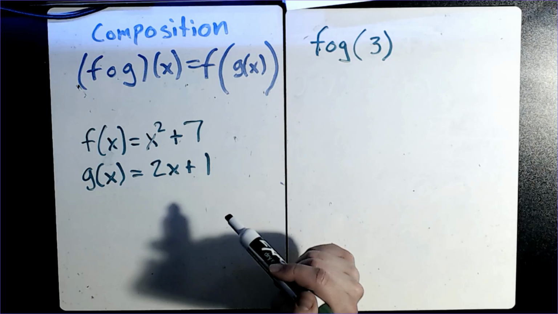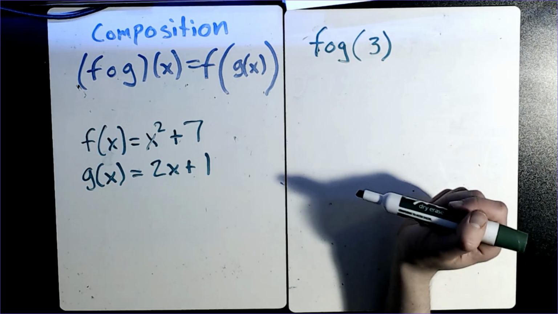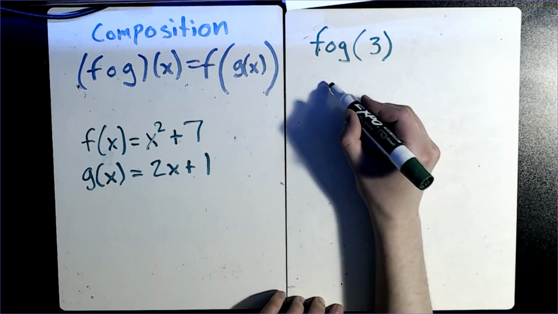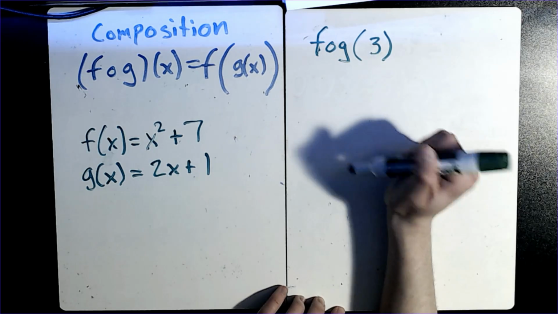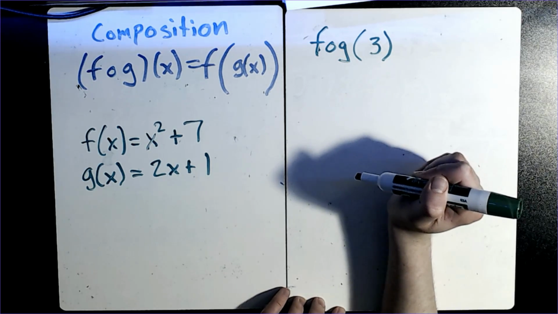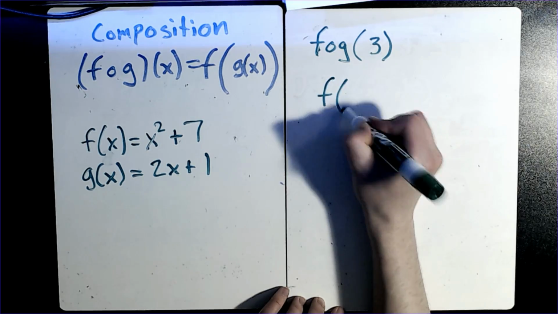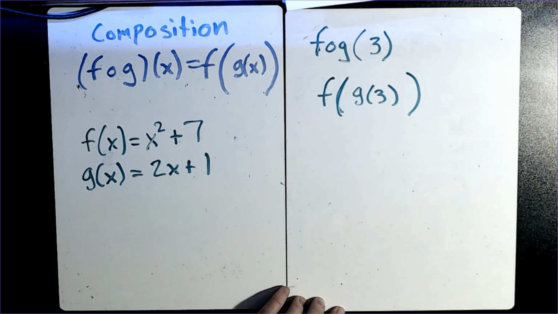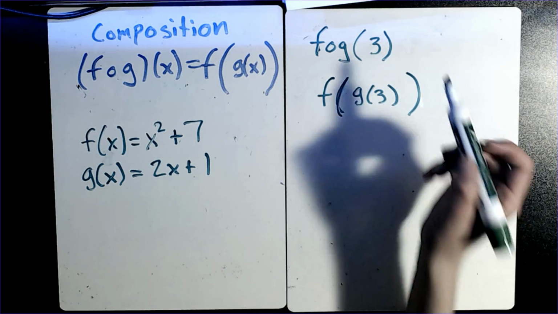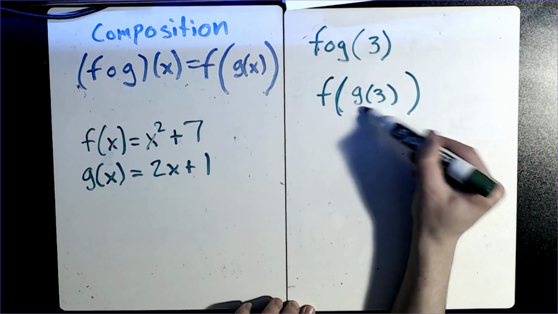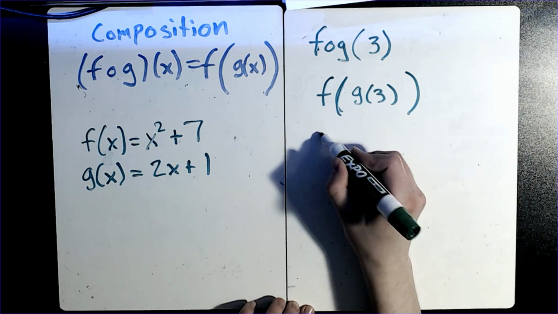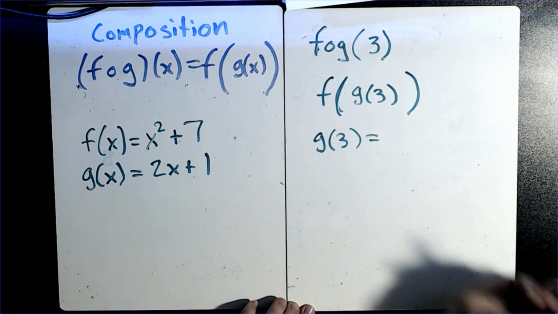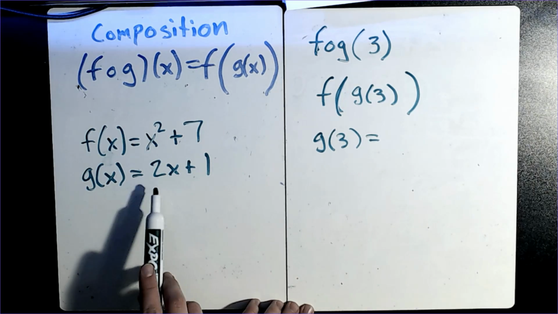So how do we find this composition? Well, what we do is the 3 goes into g first, and then we take our answer and plug it into f. So f of g of 3, and then we put big old parentheses around that. So the 3 goes into g. How do we get g of 3 here? Well, we just plug 3 into g here.